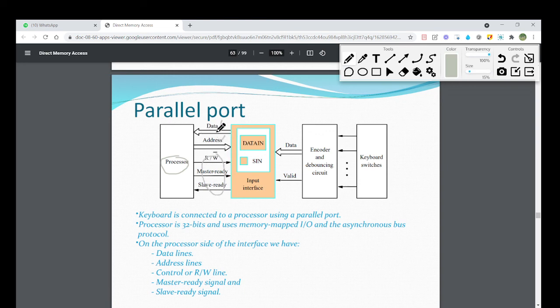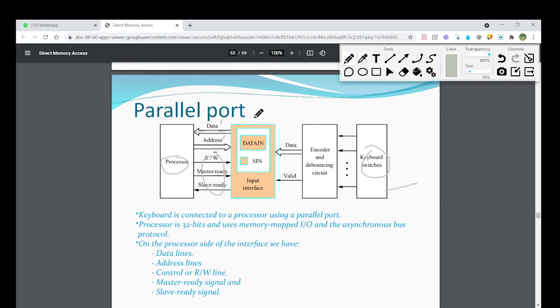Since we are interacting with an input device, here a keyboard, not an output device, the input comes from the device to the processor. That's why the data is only in this direction.